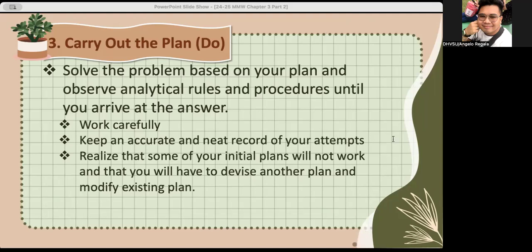Kung nakita natin na hindi effective yung unang plano natin, but there are some parts of that plan na effective, so we adopt those effective processes and then change yung mga hindi effective. So that's how we carry out the plan.